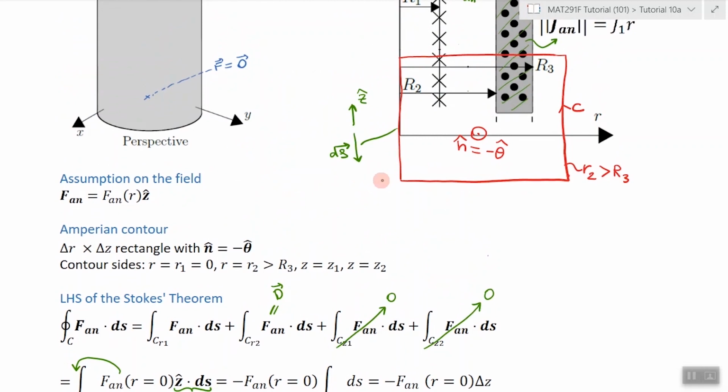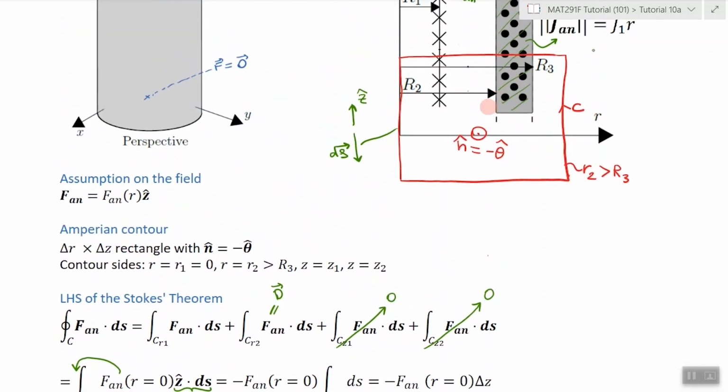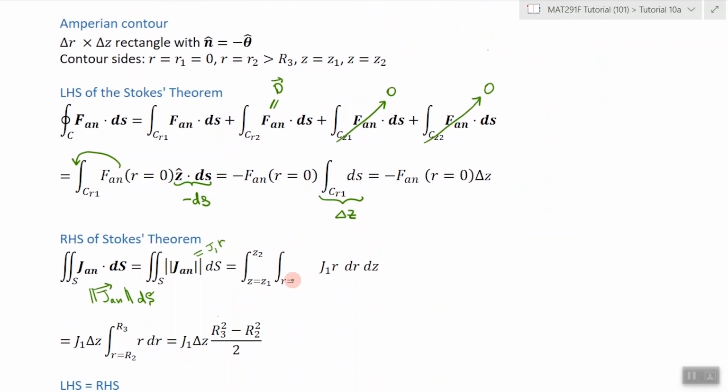Now, the bounds on r, it's very tempting to say 0 to R2, but it is not correct to do that, because you see we're integrating a non-zero quantity. But the current density is non-zero only between this point and this point, so between R2 and R3. So we should put R2 here and R3 here.